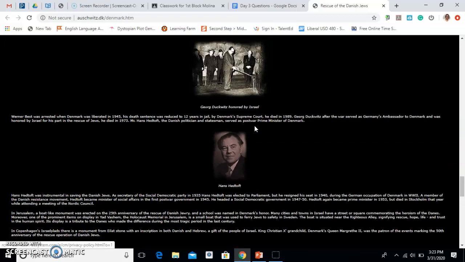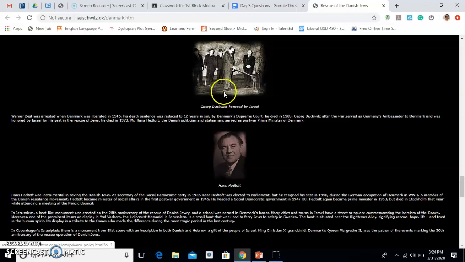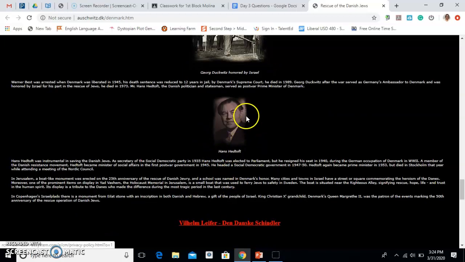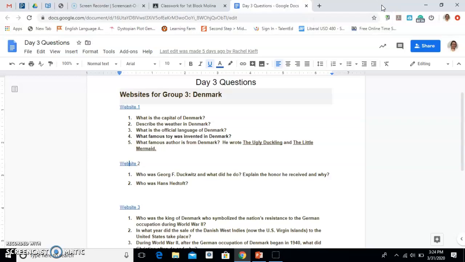And here it is talking about George Duckowitz and Hans Hedford. So it's right where these 2 pictures are at for these 2 gentlemen. You will need to read those sections, and if you notice, my cursor is almost at the end of the page. So make sure you scroll down towards the end of the article, okay? And that concludes website 2.